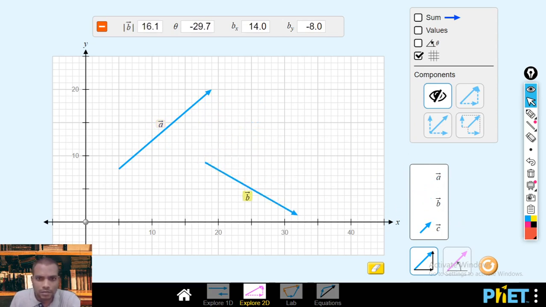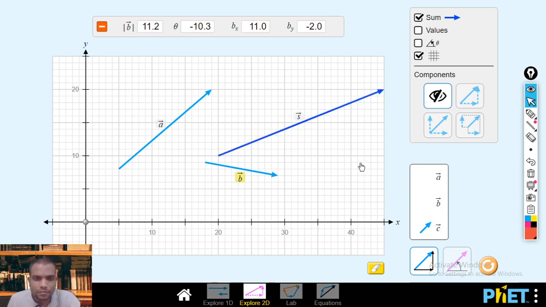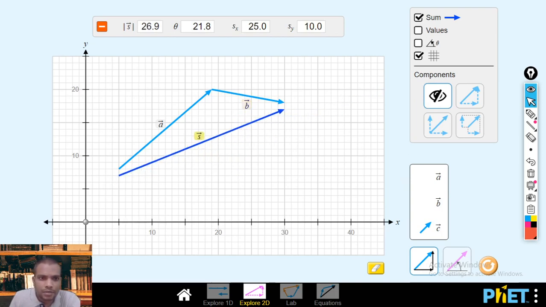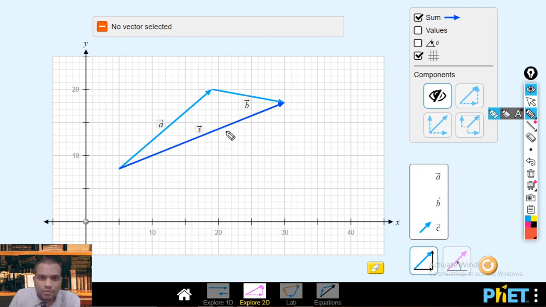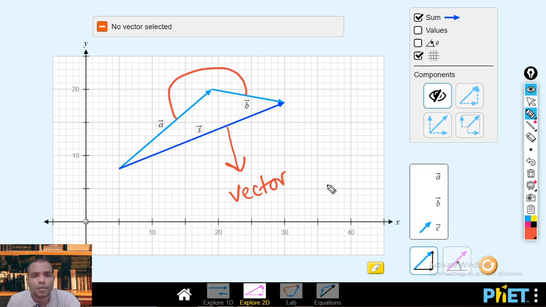Now if you take the sum of the two vectors, if you take this here and bring this here, this vector exactly matches. This vector s is formed because of a and b.